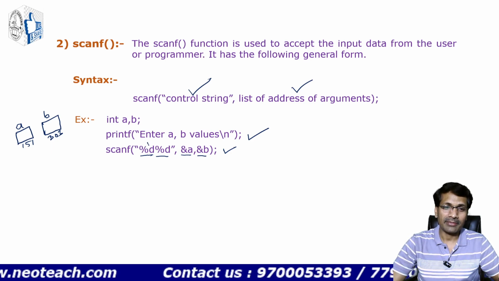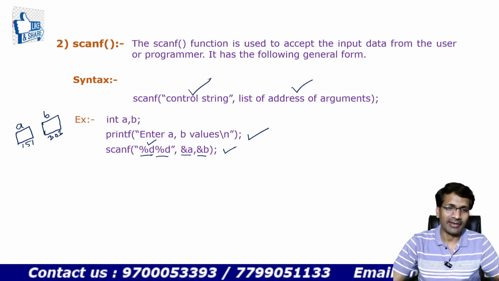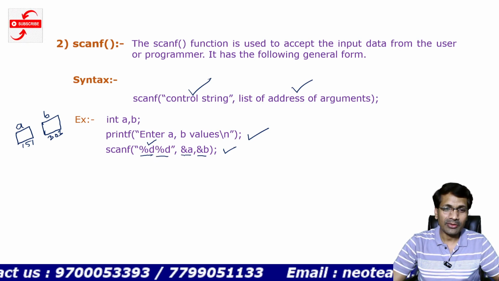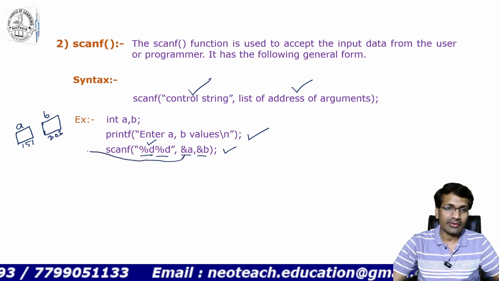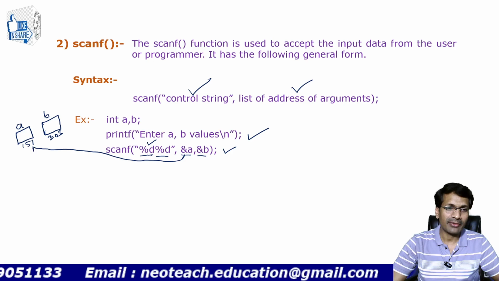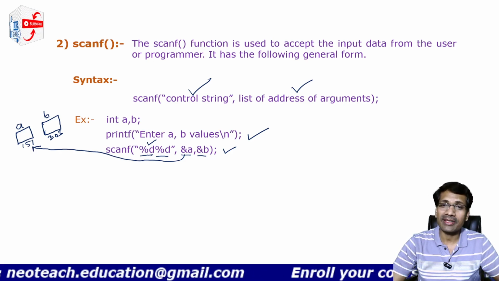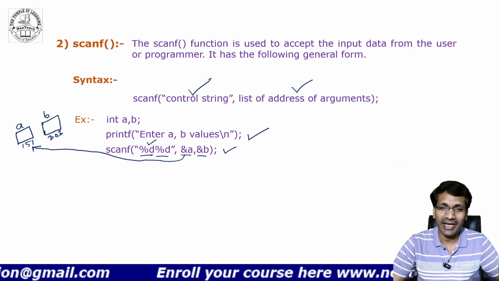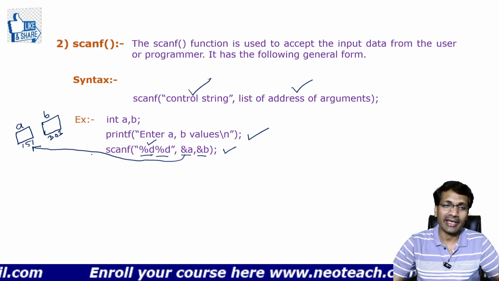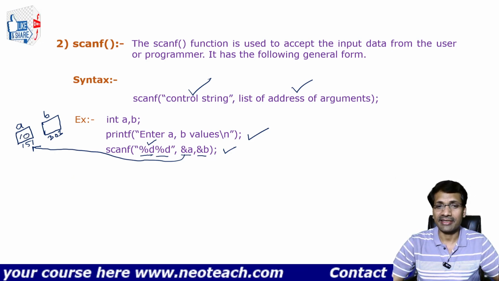The first value I am reading is an integer, a decimal value, and I want to place it into an address. What is the address here? A's address. I want to store the first given value, %d meaning decimal value, into the address of a. So the given value 10 will be stored into this address.